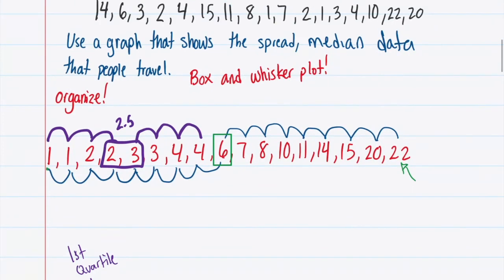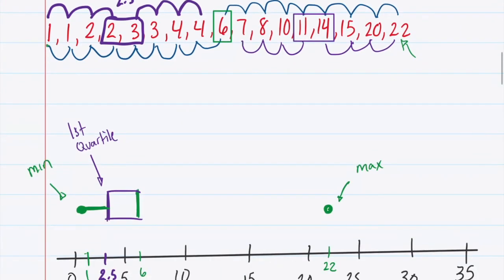Now let's do the same thing on this side. 7 into 22. Let's keep going. Oh, there's no middle either. So what's in the middle between 11 and 14? If it's hard for you to think about it, the best thing you can do is add them up. 11 plus 14, that's 25. And if you divide by 2, you get to the middle, which is 12.5.